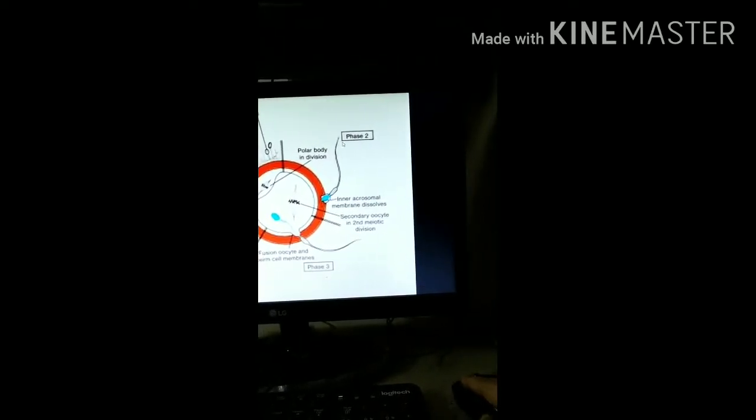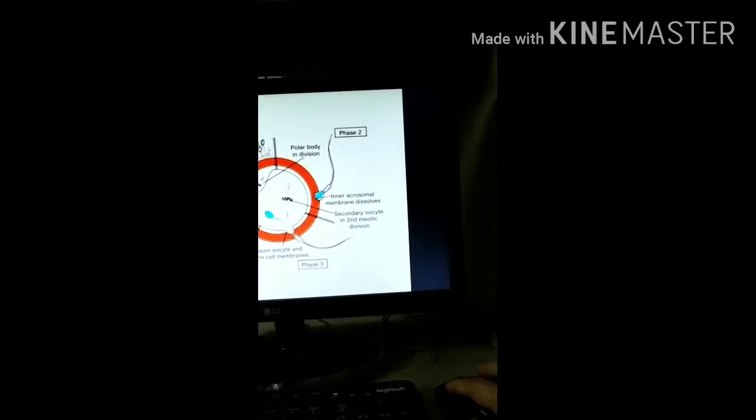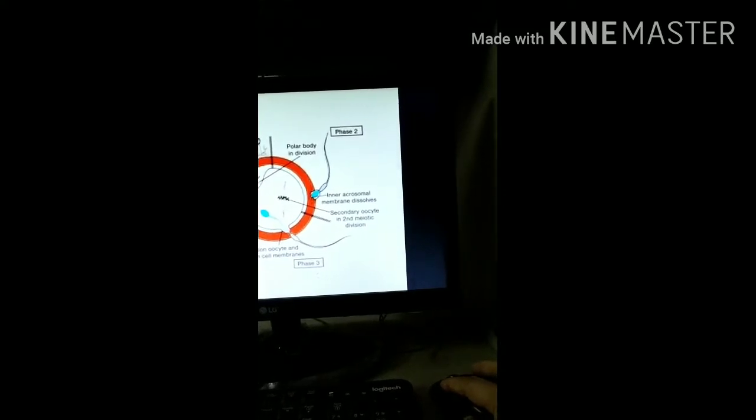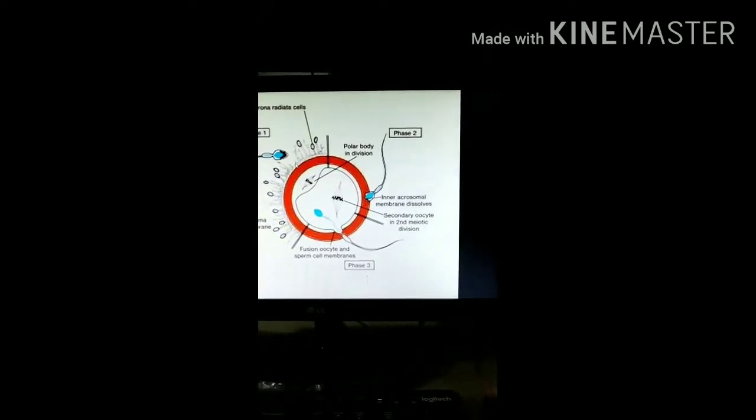After the zona pellucida, the corona radiata is present, the spiky arrangement of the granulosa cells. These are the sperm, which try to penetrate the corona radiata.